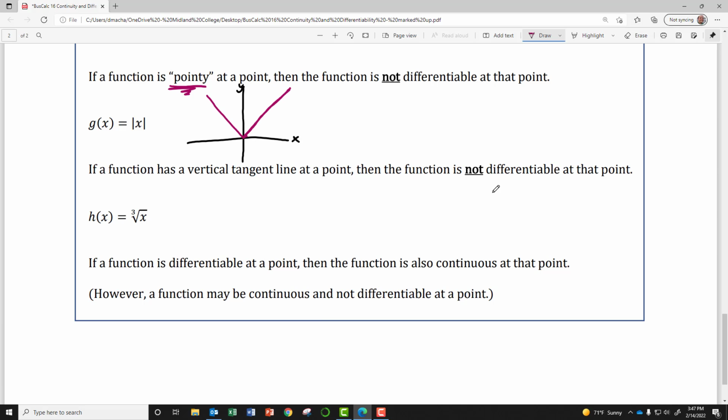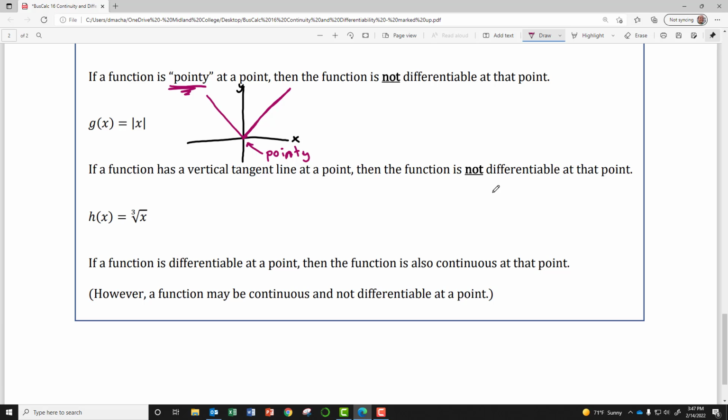It looks like straight lines on either side of the origin, but actually comes to a pointy point there at the origin. And so we say this function is not going to be differentiable at the origin.